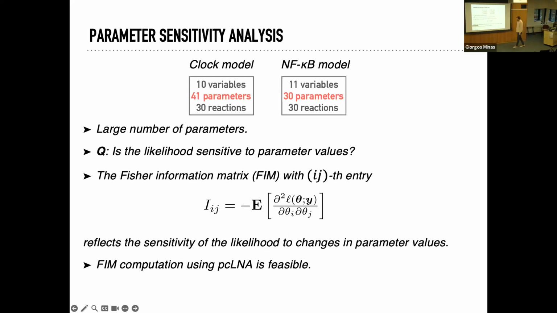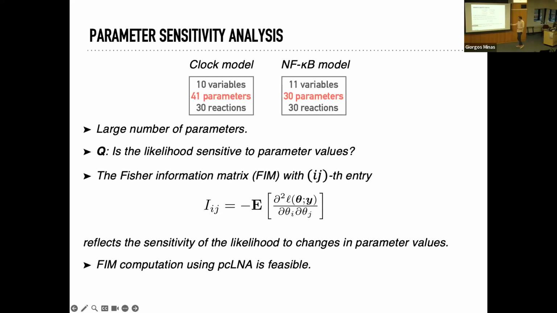So before jumping into finding the best MCMC algorithm, we're saying that we need to see first whether the likelihood changes when you change a parameter. So there is information there to estimate the parameters. We compute the Fisher information matrix for that, which gives you the sensitivity to the different parameters, and we perform some analysis on it that allows us to predict which parameters we can estimate.